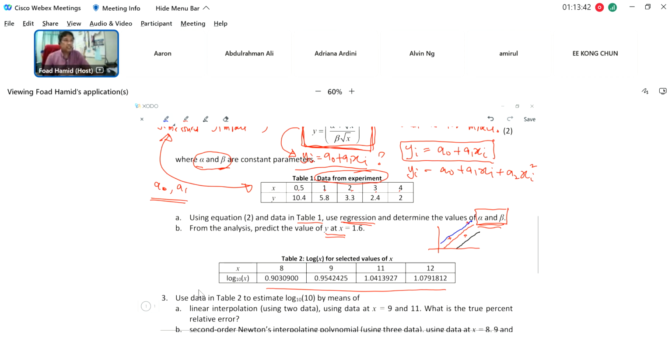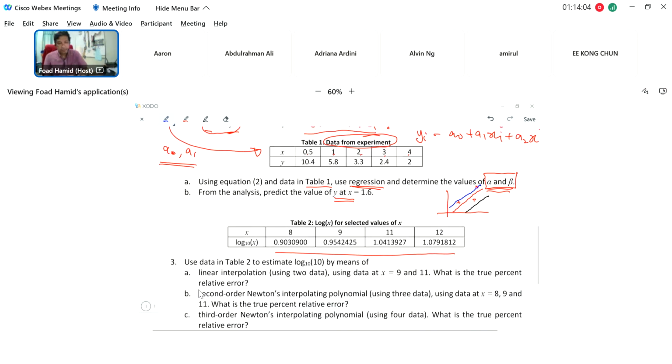We know it's going to be a straight line, but which straight line? That is why we have to minimize the error. In regression, we keep talking about the SR, which is the sum of the residual square.